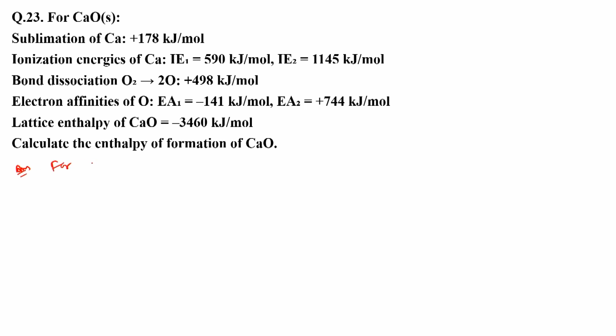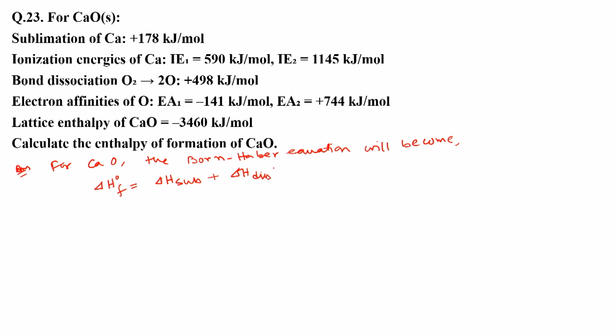So, for CaO, the Born-Haber equation will become delta H naught F is delta H sub plus delta H dissociation of O2 plus IE1 plus IE2 plus EA1 plus EA2 plus U. Here delta H sub for calcium is 178 kilojoule per mole.